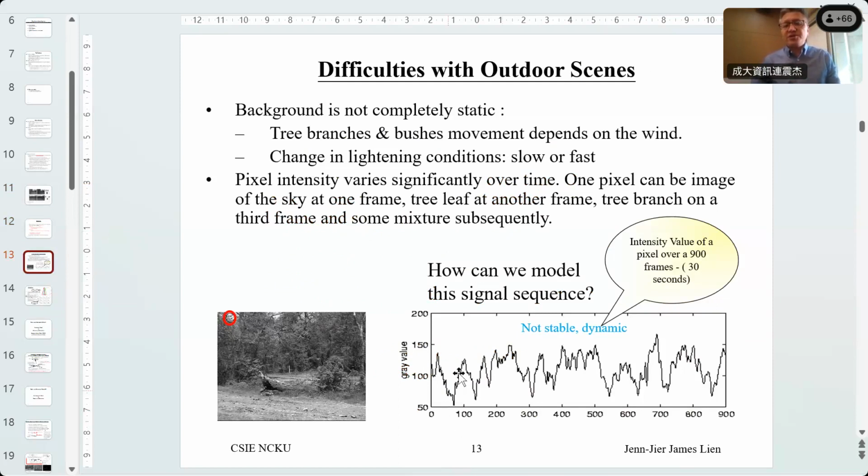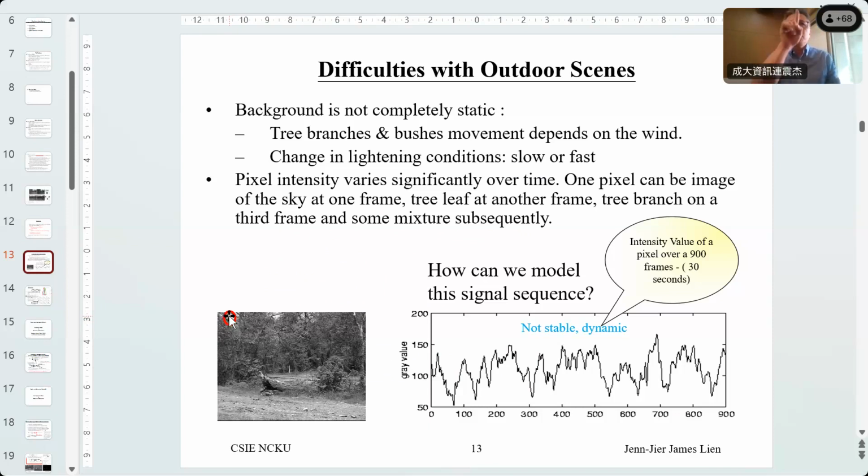So I say if the signal, for example, is that there's a pixel here. And the pixel, because in this position, will change the gray value, because sometimes this pixel is one pixel of the leaf, 树叶.